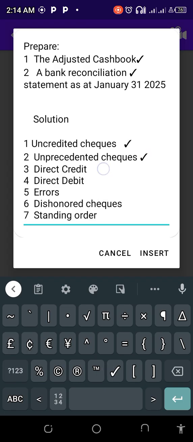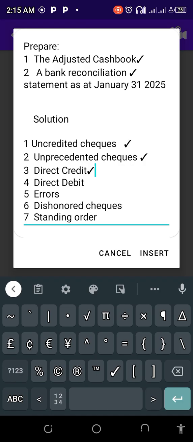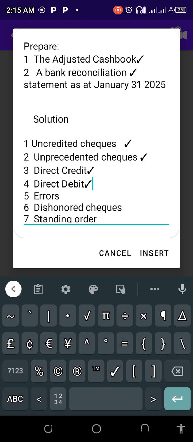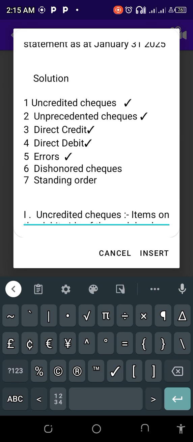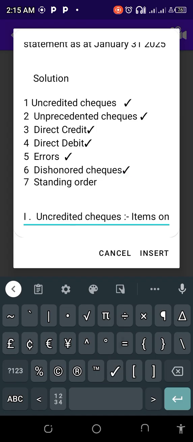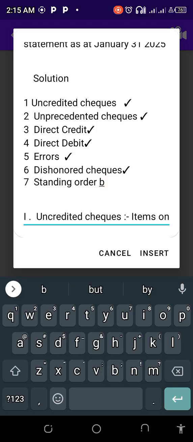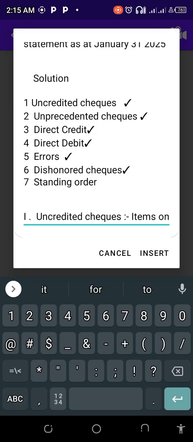Then direct debit can also cause this, and direct credit can cause it. If there is an error in the cash book or an error by the bank, it can also cause it. Also, a dishonored check can cause this difference. Another thing that might cause this difference is a standing order. If there's a standing order given to the bank, it can cause the difference.